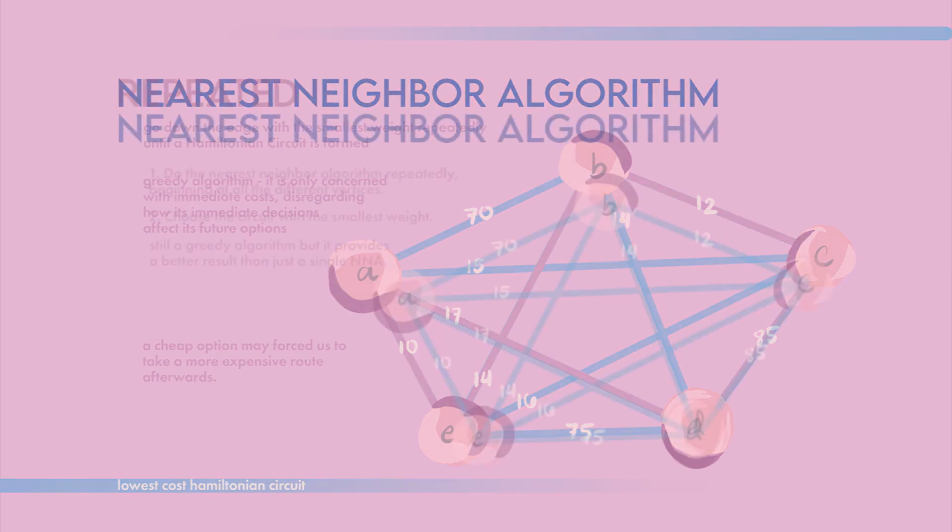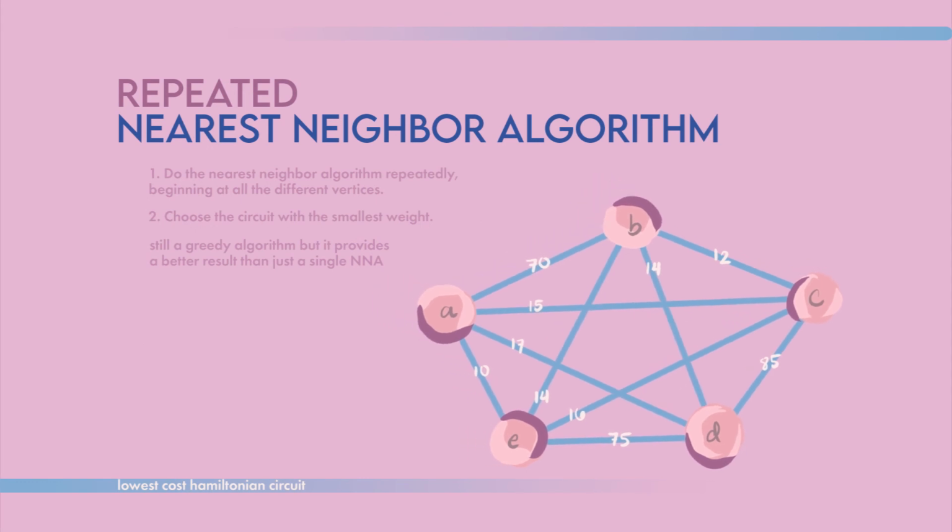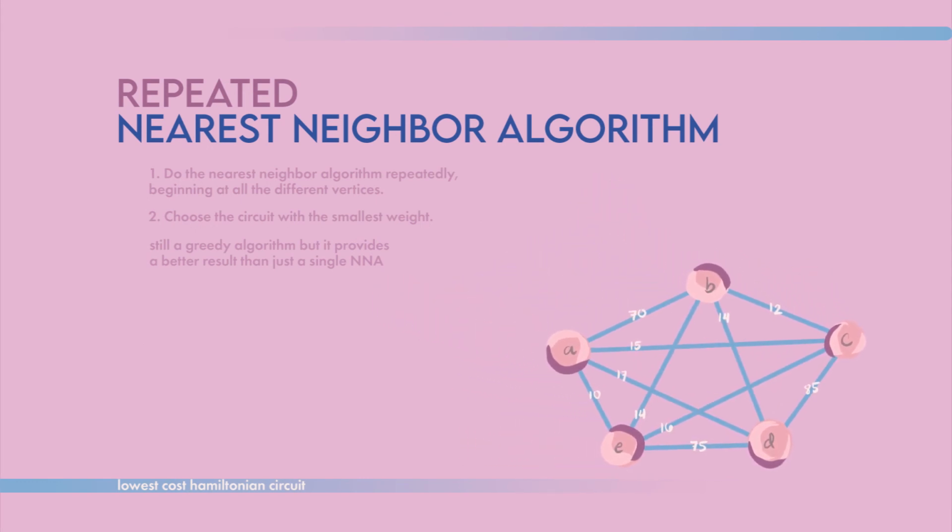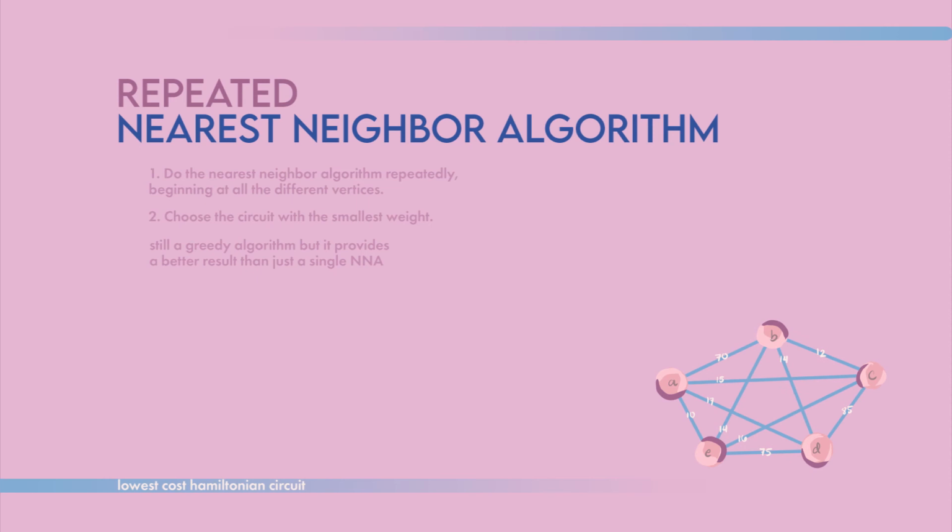The second algorithm we will discuss is the repeated nearest neighbor algorithm. This is, as its name suggests, a repetition of the nearest neighbor algorithm beginning at all the different vertices, after which the circuit with the smallest weight is retained.